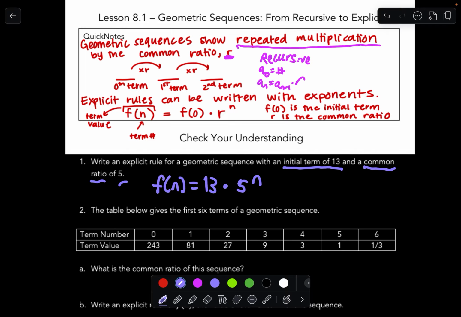And that's the rule, okay? A lot of times they would write it as f of n equals 13 times 5 to the nth power. Okay.